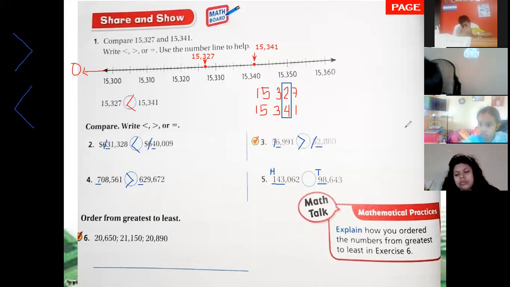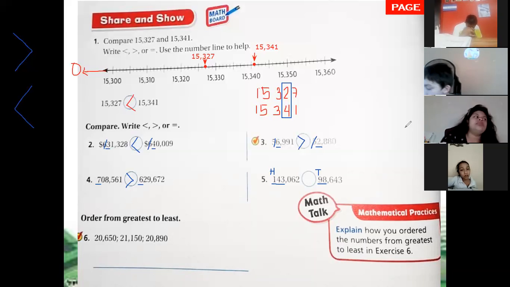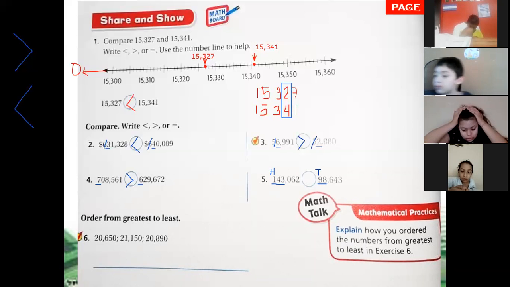So how are we going to compare? We're going to take the first three digits. In the first number, we have 143. In the second one, we have 98. So what is the greatest or what is the smallest? What is the relationship between 143 and 98?